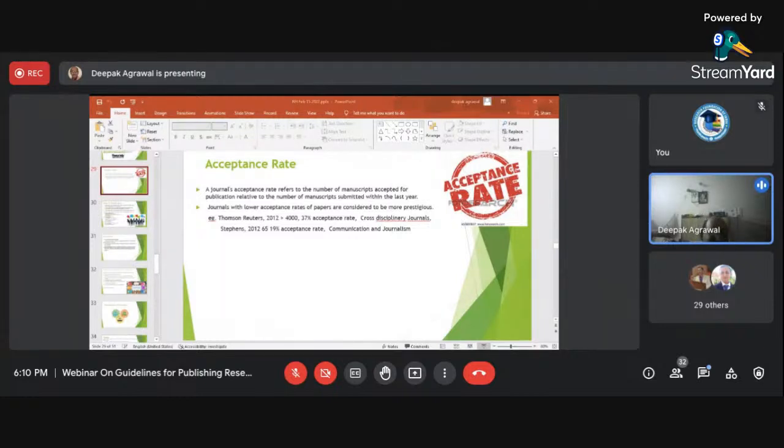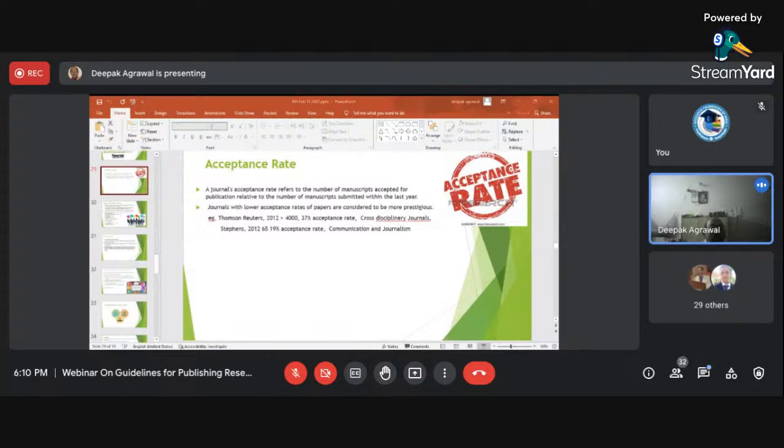If you think that the acceptance rate is very, very low, again analyze yourself, or it is better to move to another type of journal. Take an example. As per Thomson Reuters, the acceptance rate was 37% for 4,000 papers.